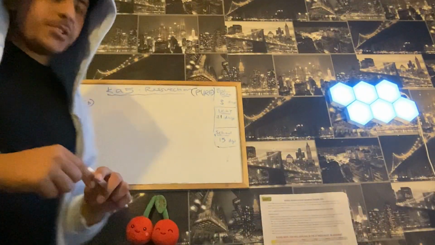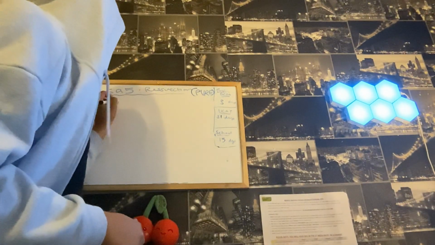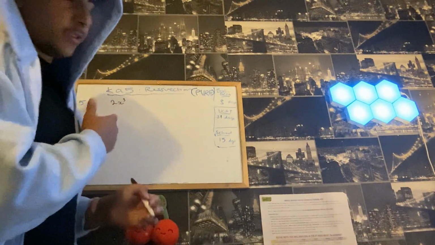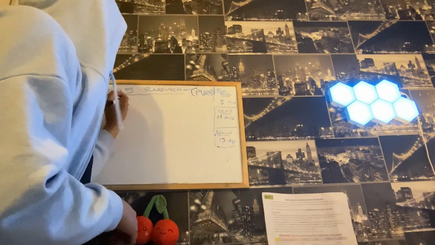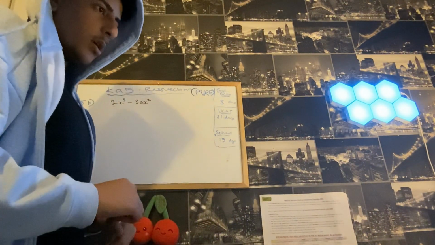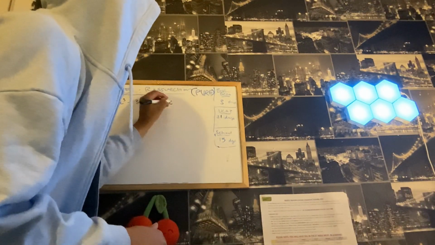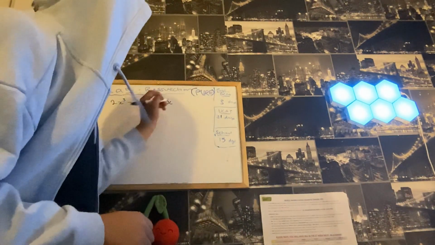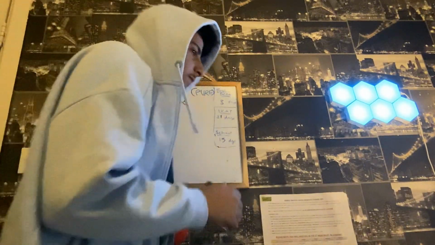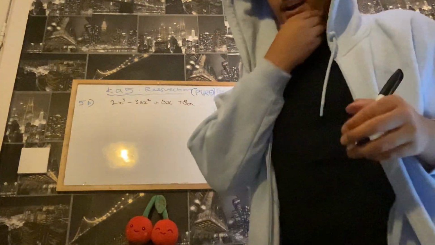The equation stated is 2x cubed, although we've got the black pen this time, I actually found it, minus 3ax squared plus bx plus 8a. So from the start we know that x minus 4 is a factor, right?